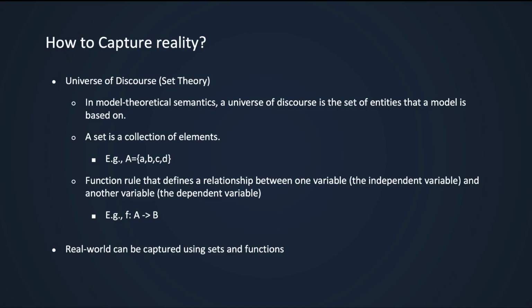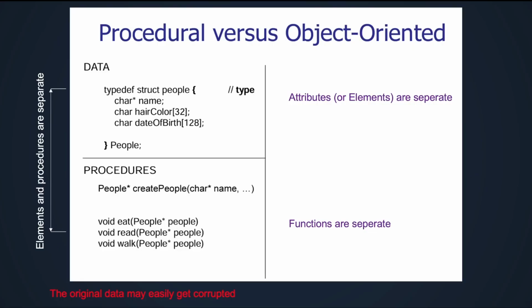So when we came up with the programming languages, we also wanted to capture the reality using sets and functions. The higher programming languages such as Fortran, COBOL, and C, for sets, they call elements or attributes.